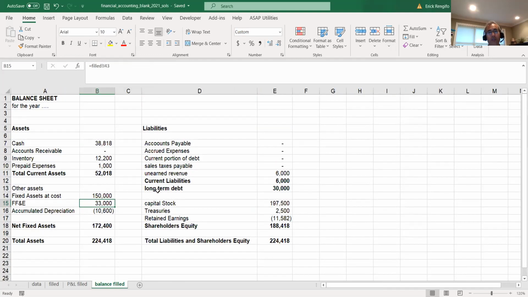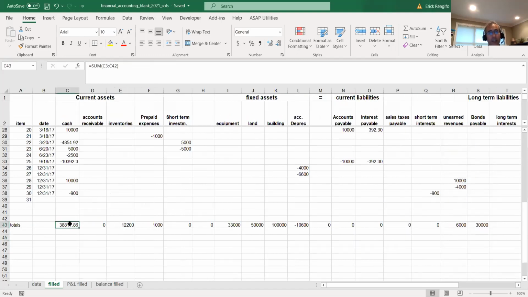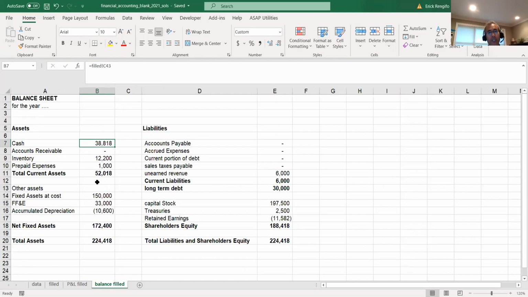Now, the second one, my balance. You can see here also the formulas, guys. I have in cash, and the balance is simply this sum here. It's simply this one here, this one here, etc. So I have $38,000 in cash. I have no accounts receivable. I have inventories 12,200. Prepaid expenses 1,000.